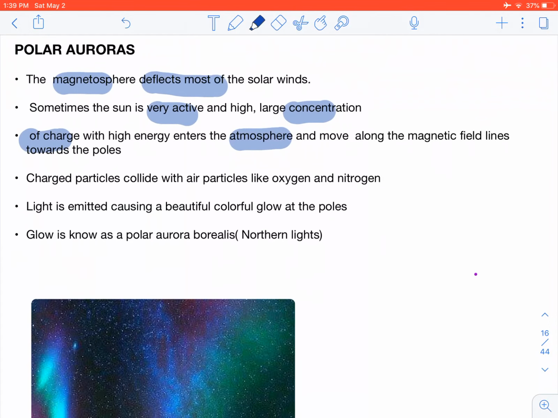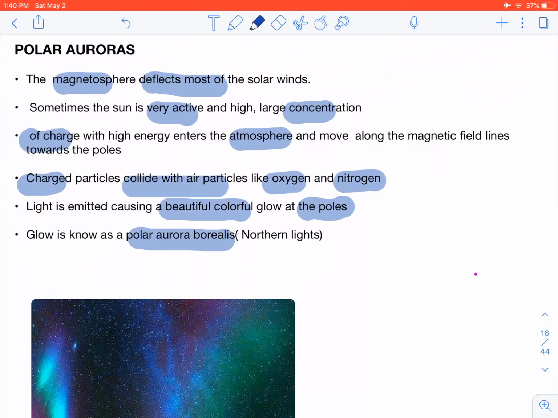These charged particles, these high energy particles, collide with air particles like oxygen and nitrogen, and there can be a whole lot of other elements in the atmosphere as well. So what happens is we find that beautiful colored glow at the poles, right? And the glow in the northern hemisphere is known as the Aurora Borealis.